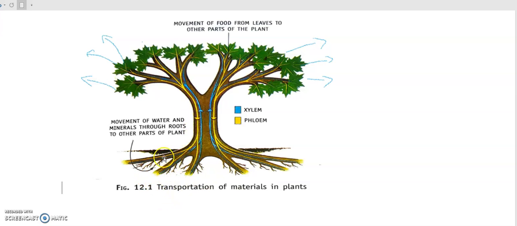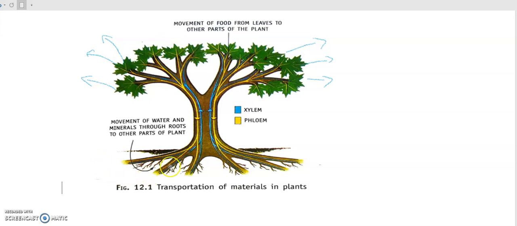In the same way, the water molecules that are present here keep on pushing one another, right? And they go up. So with the help of this transpiration, that is the evaporation process, the water molecules keep on going upward. So transpiration of water from leaves creates a suction pull, and this pull pulls the water upwards from the roots.